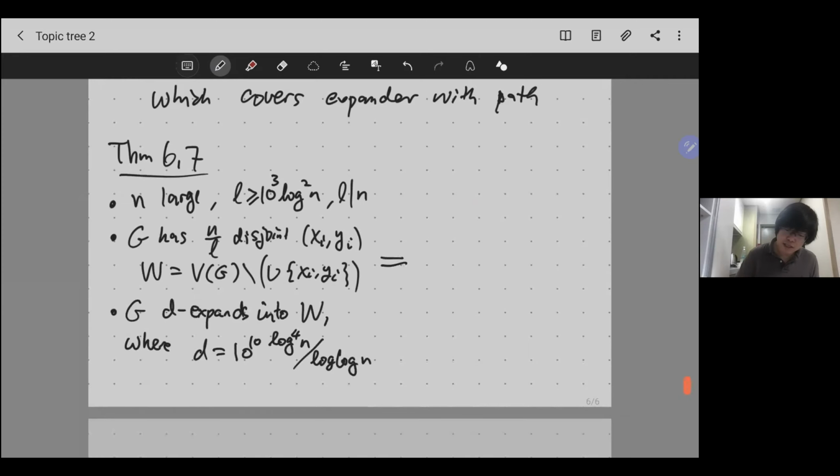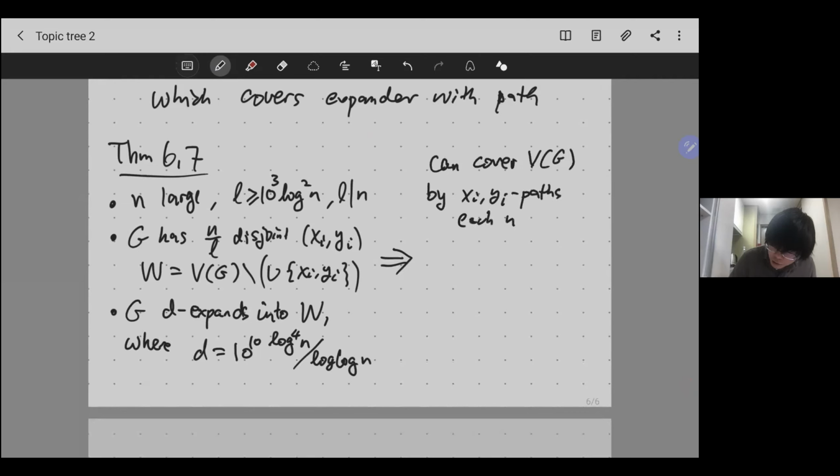Then the conclusion is that we can cover the whole vertex set by x_i, y_i paths, each with length L. Okay, let me draw a picture. So what do we have?